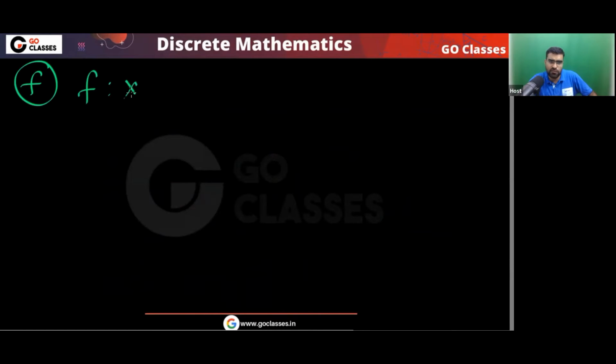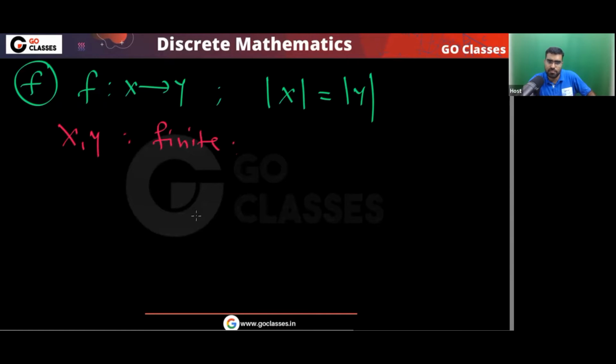Tell me this other situation, this question. Your function from set X to set Y, the cardinality of X is the same as the cardinality of Y, and X, Y are finite. Now, can you create this type of function, that f is onto but not one-one?